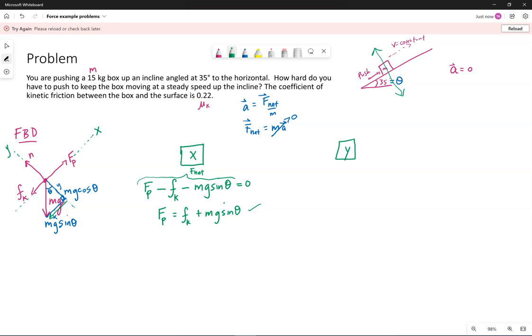In the y direction, so our y direction are the forces perpendicular to the incline, we have the normal force pointing up and to the left, and then the component of gravity down and to the right. The normal force is counteracting this y component of gravity.